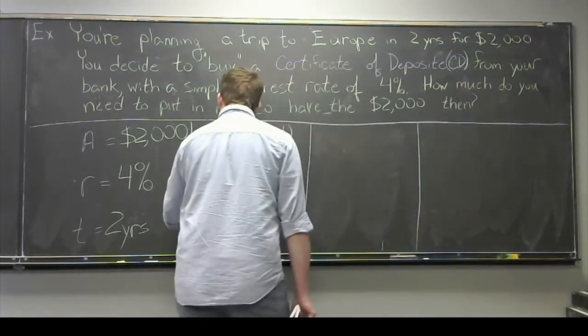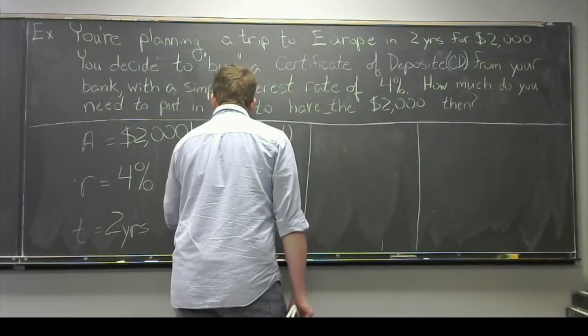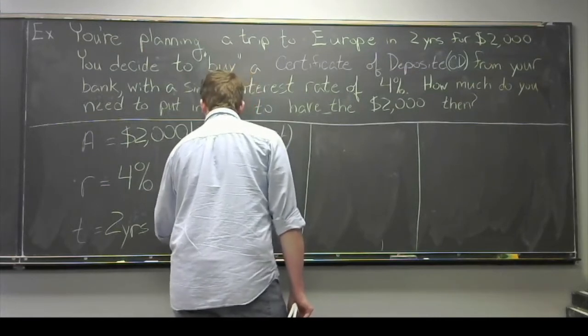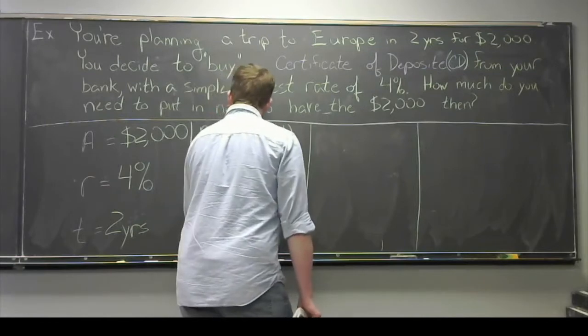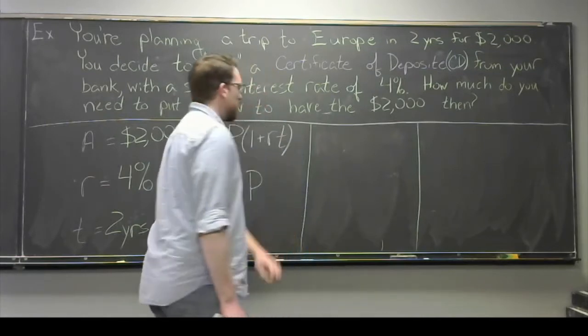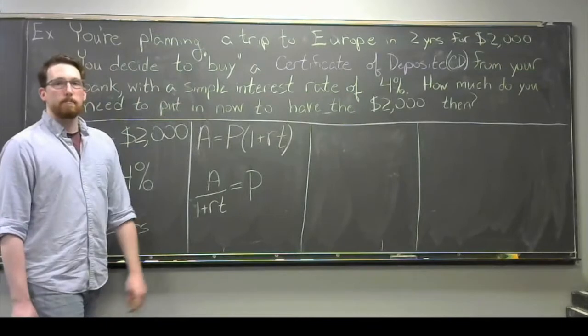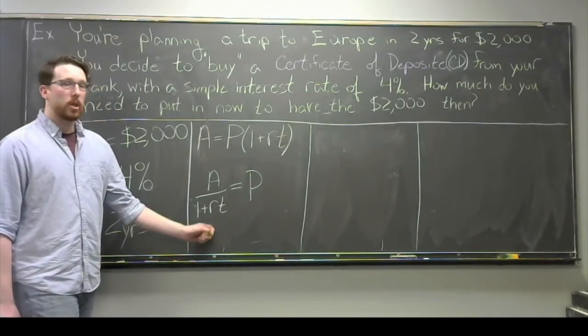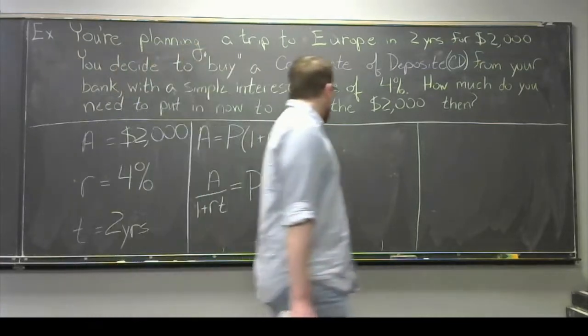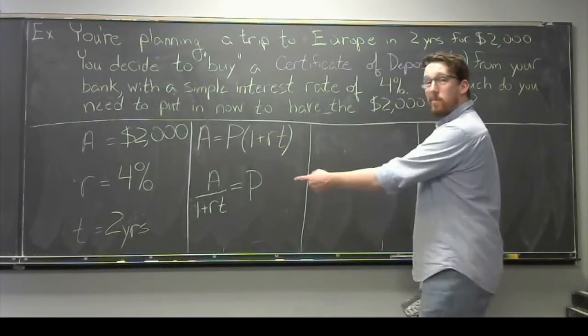So we find that the amount divided by 1 plus RT is equal to our principal amount. Cool.